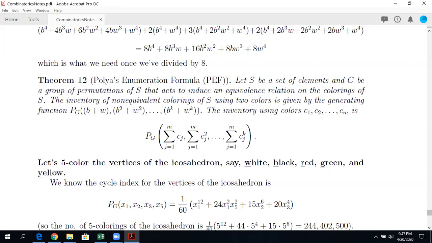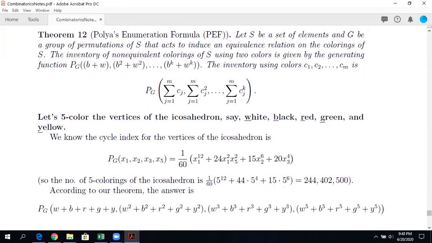If I use variables for the colors, C1 is color 1, C2 is color 2, etc. I replace x sub i with C1 to the i plus C2 to the i, etc. Then the claim is you can get a pattern inventory by simply extracting the coefficient with a certain number of C1s, a certain number of C2s, and that will tell you the number of inequivalent colorings with that particular pattern inventory.